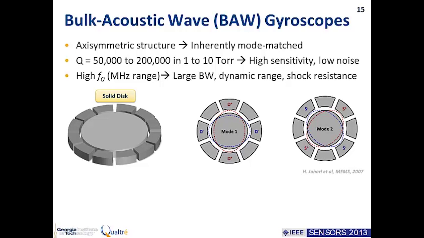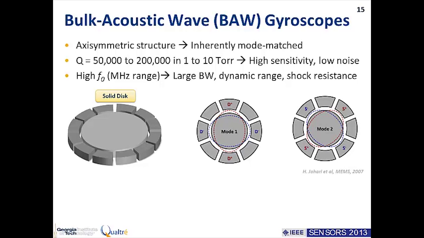And the fact that it's axisymmetric allows us to have inherently mode-matched modes. In this particular case, I'm showing the first elliptical mode of this disk, and very similar to what we had for the tuning fork, we have one mode for driving and one mode for sensing that are orthogonal to each other.